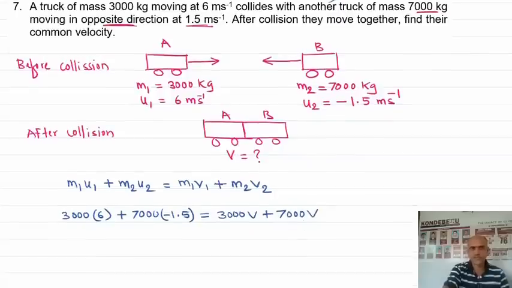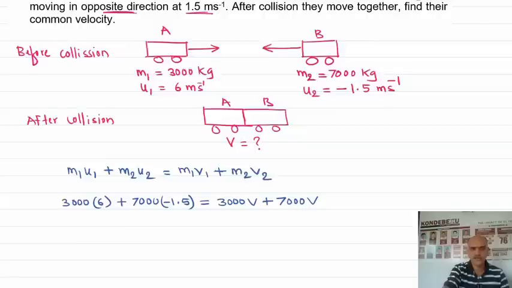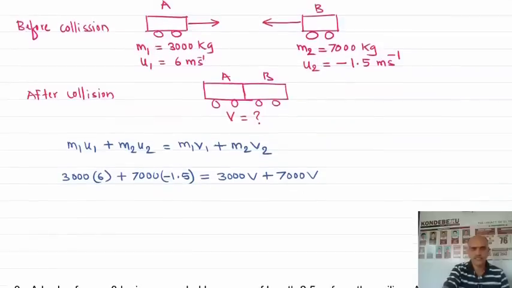So v positive means in the direction of A, negative means in the direction of B. So 3000 into 6 is 18, with three zeros, minus 7000 into 1.5. Use a calculator and you will get minus 10,500. 3000 plus 7000 is 10,000.